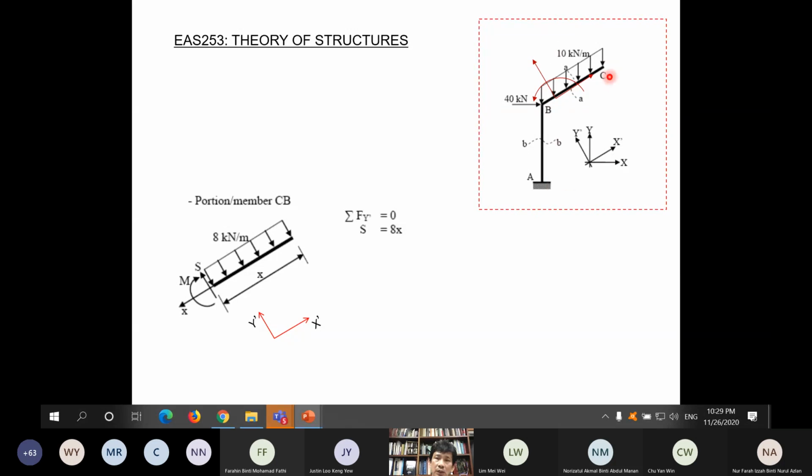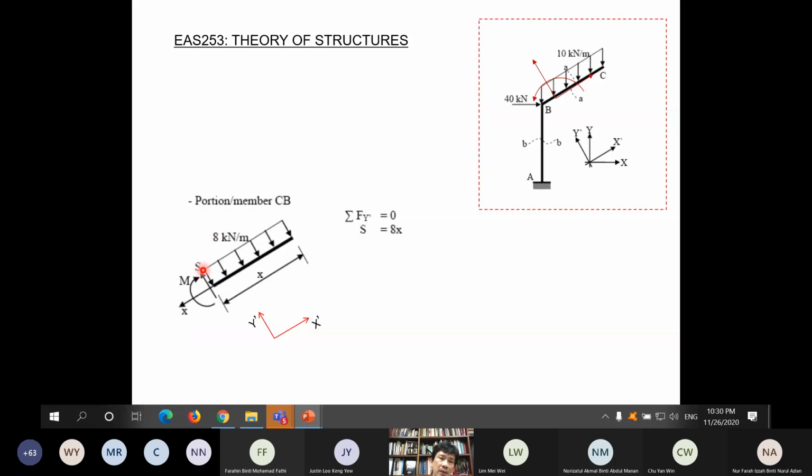So we start here, we cut here, then we take this part out as a free body diagram. So we already calculated the component perpendicular to the member. And this is at a distance X. This generally represents any cross section along this member. So S, Q, and M. Q we do not show here for simplicity.